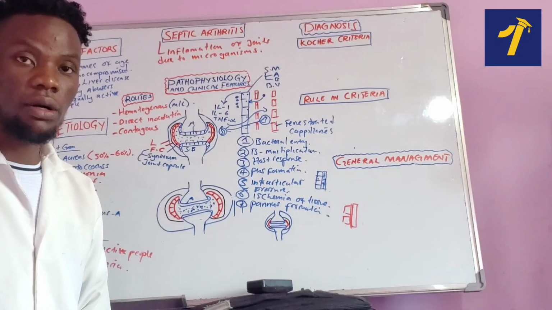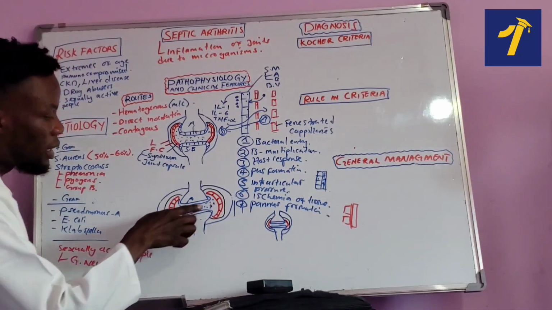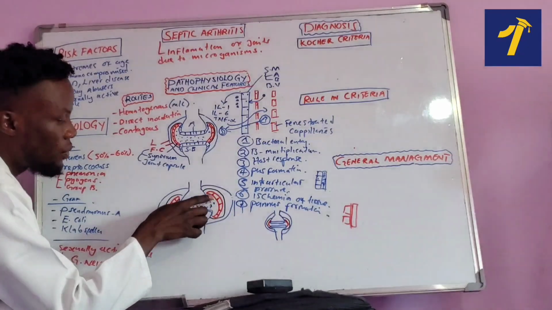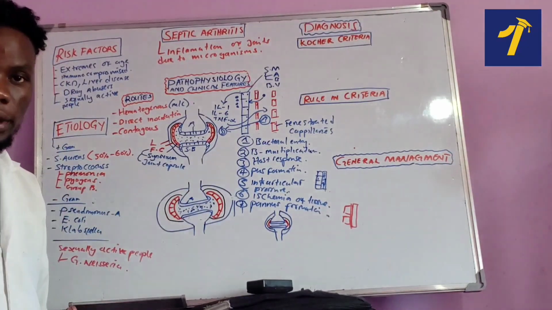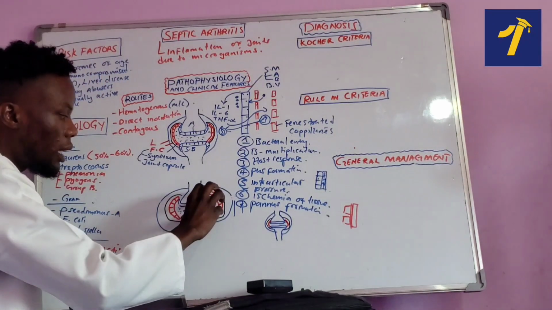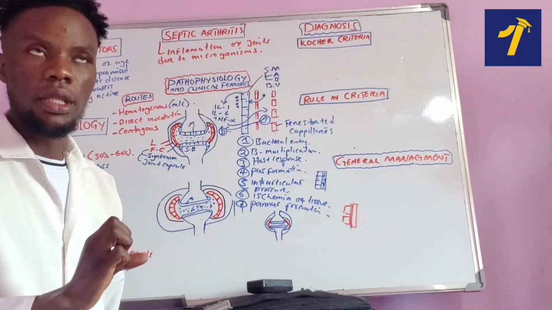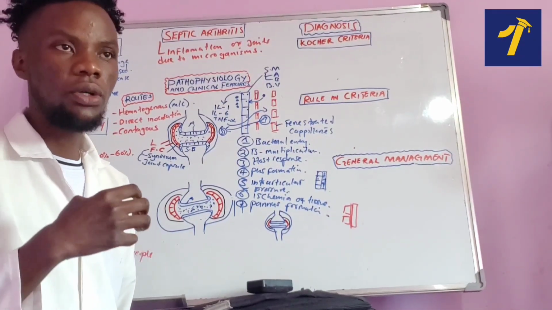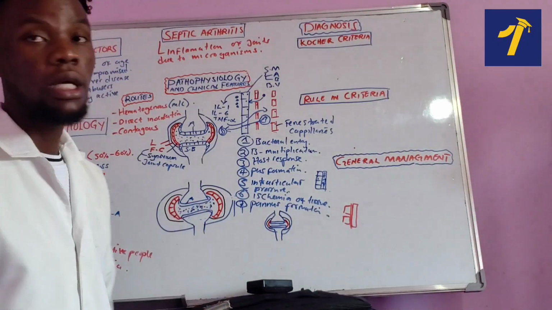If that happens, the synovium will start proliferating so that it can cover up the damaged tissue. Apart from that, it will also start producing certain enzymes that can further destroy the cartilage.